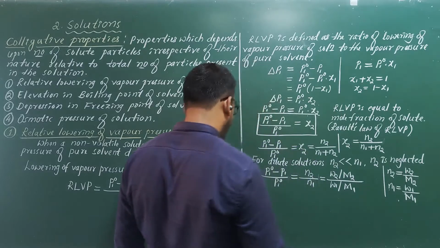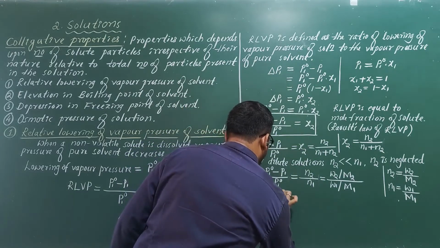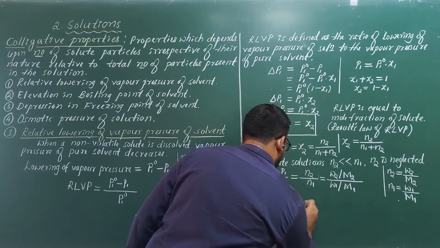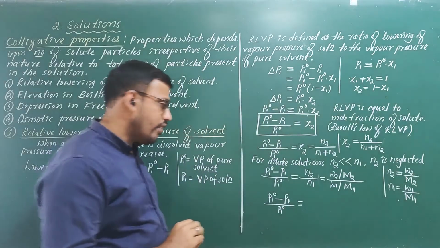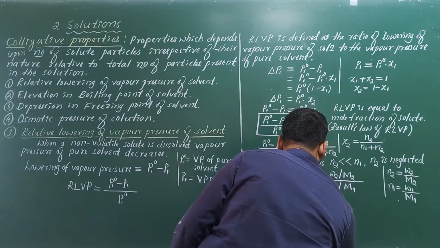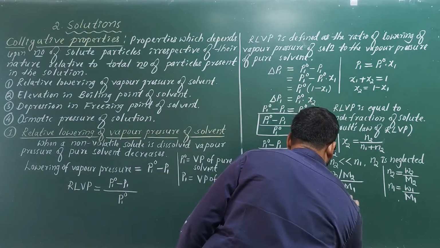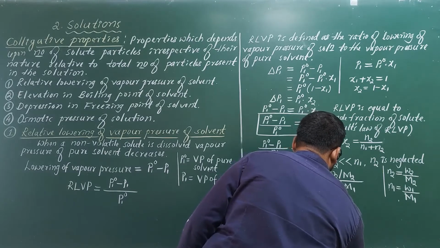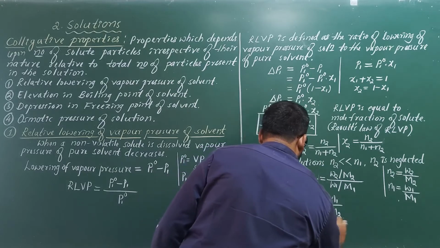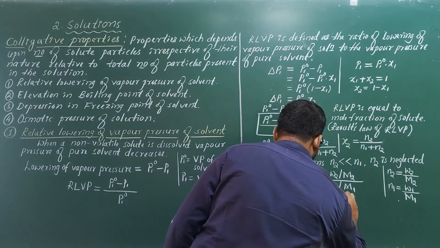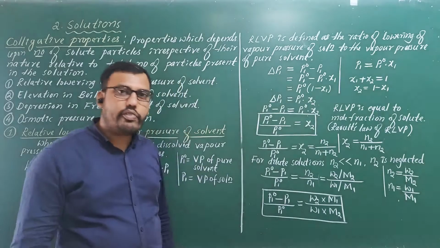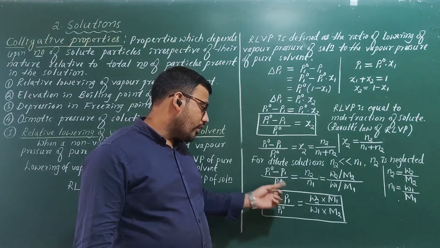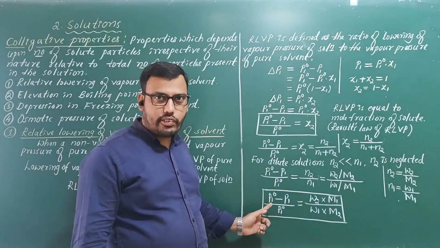So after rearranging, (P1 naught minus P1) divided by P1 naught is equal to W2 M1 divided by W1 into M2. This is the important formula to calculate the molar mass of solute while calculating the relative lowering of vapor pressure.